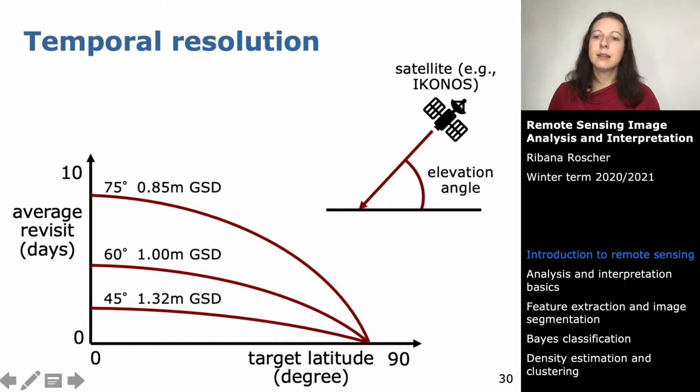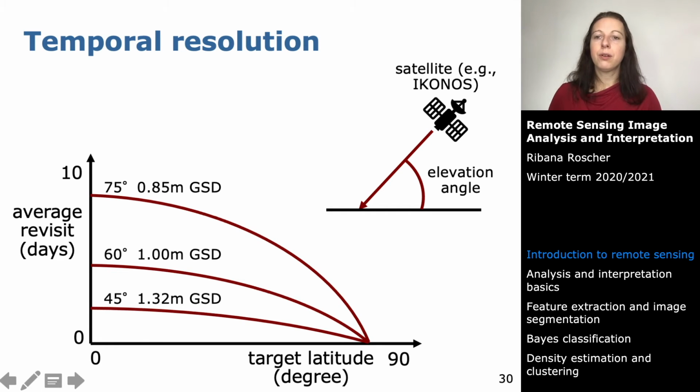So what you can see here is the average revisit time in days. I again refer to the IKONOS satellite. On the x-axis you have the target latitude in degrees. So 0 means it's the equator, and 90 means it's the pole. And you see 3 different curves, and one curve is assigned to one elevation angle.